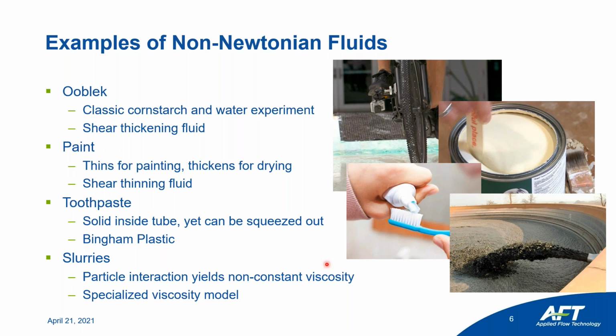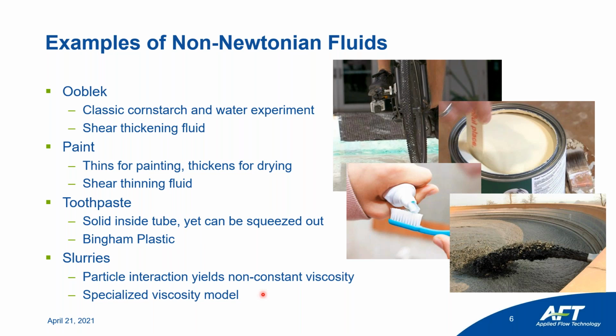However, we'll also talk about a couple of specialized viscosity models for modeling pulp and paper stock slurries. So a slurry in general has some non-constant viscosity. We don't really have a well-defined model, but we can say that at the very least, it does not have a constant viscosity, which would make it a Newtonian fluid.